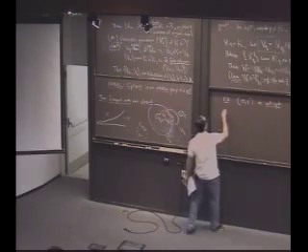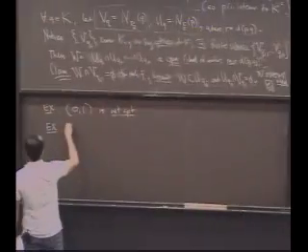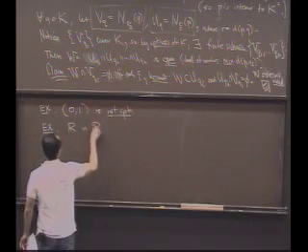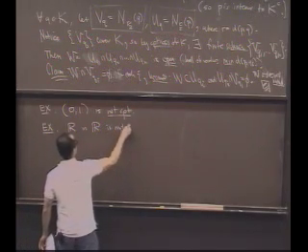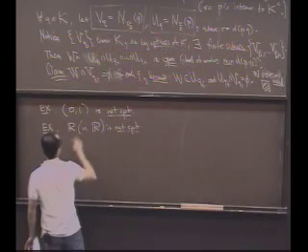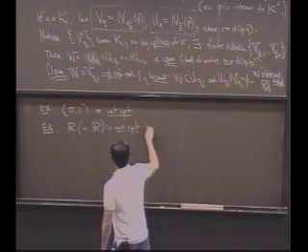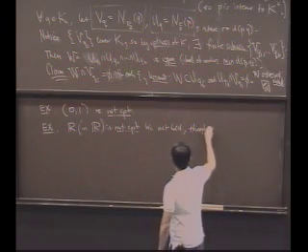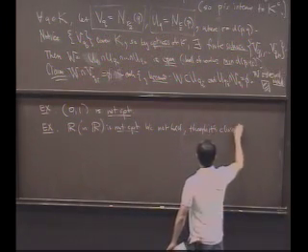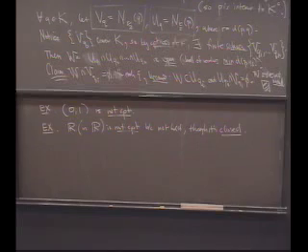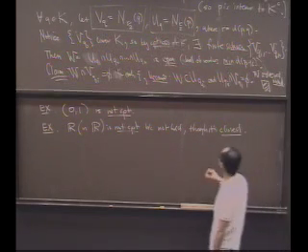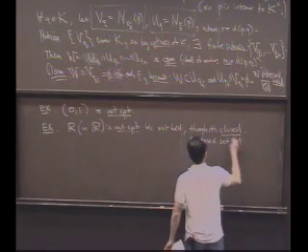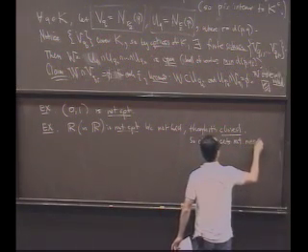So notice that the entire R in R is not compact because it's not bounded, though it is closed. So closed sets are not necessarily compact.